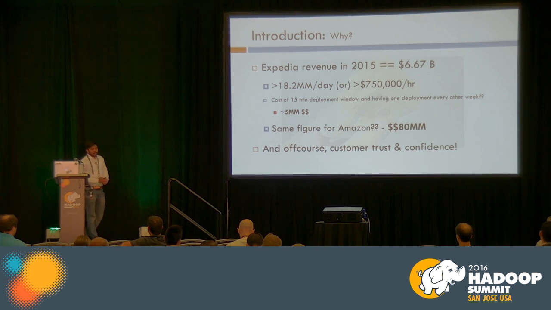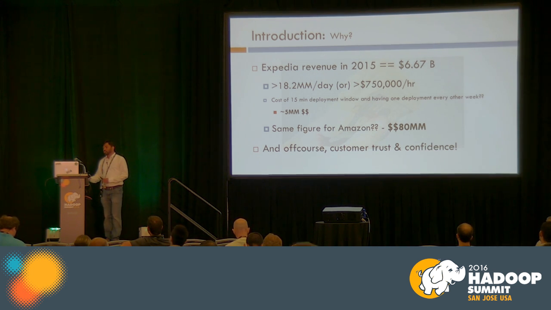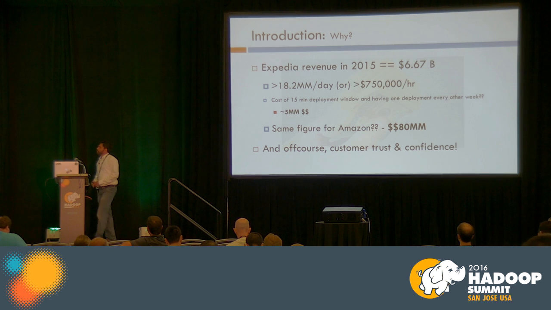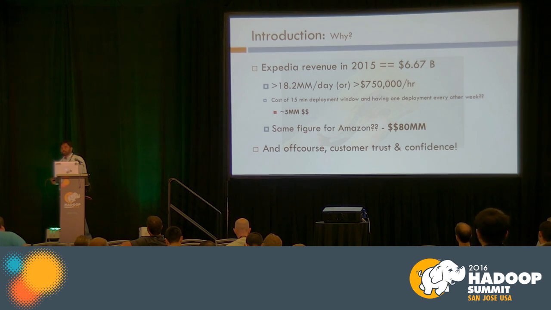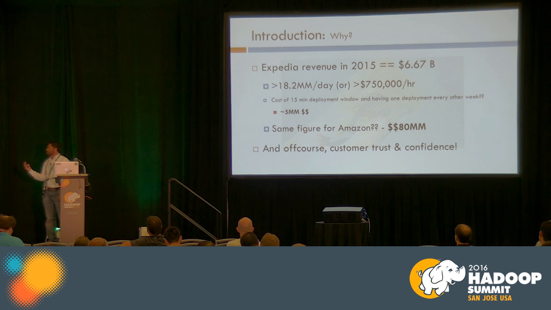I don't think the current age of customers are too patient or would love to see a 404 page. If I'm going to see a 404 page while I'm making my booking, I would probably never go back to that site, unless they're selling me free tickets. So it's very important that you get the credibility through zero downtime.